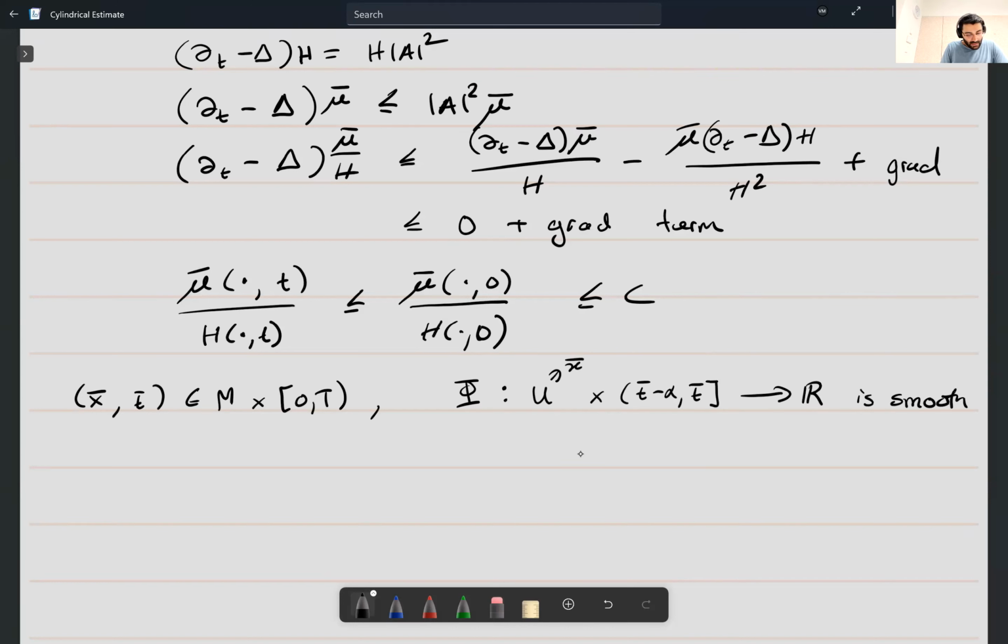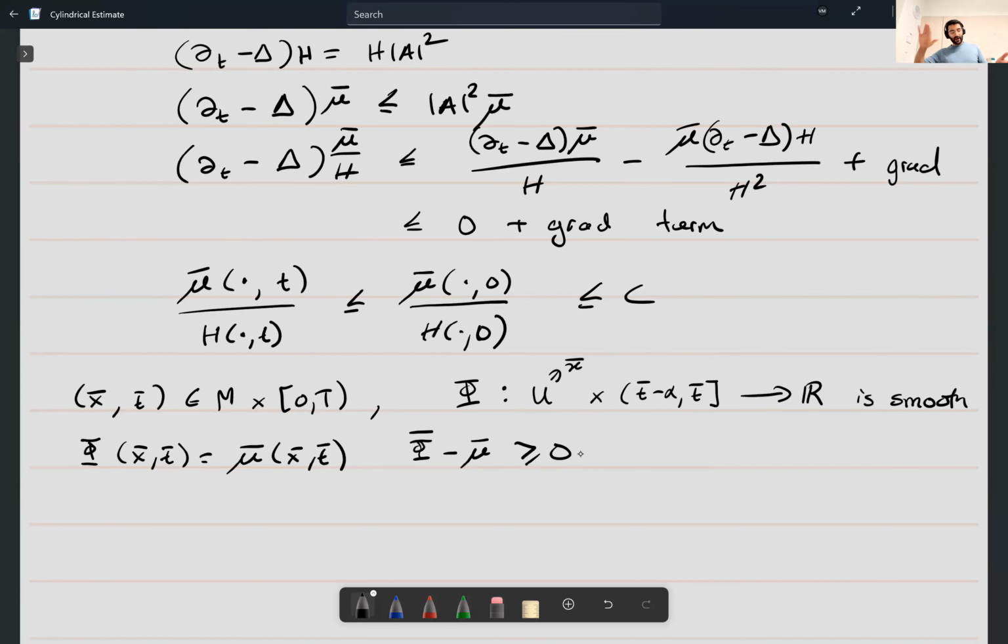And phi at this point is equal to mu at this point. But in a neighborhood, we have that phi minus mu bar is greater than or equal to 0.